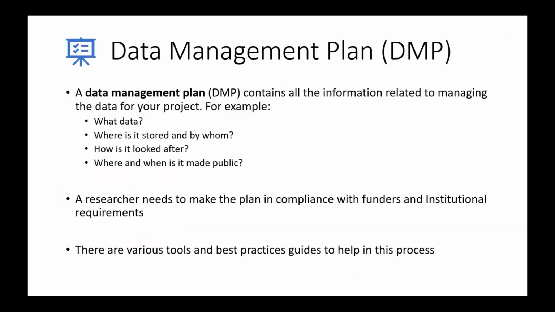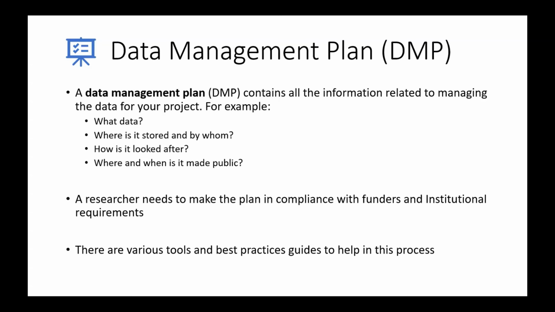Okay, and you can see that there are many aspects in research data management and many things to consider. And to keep all of this under control, you will need a data management plan. So that's a document where you define what kind of data you are using and how it's going to be shared and protected and published.